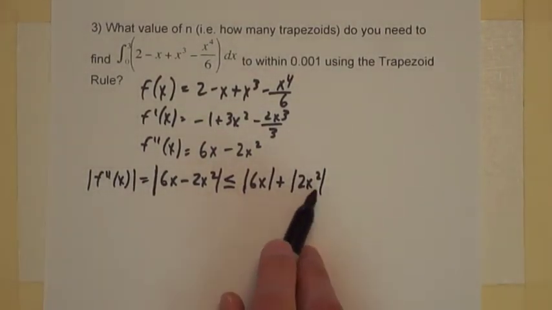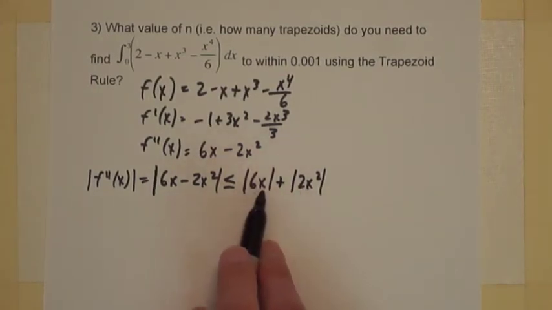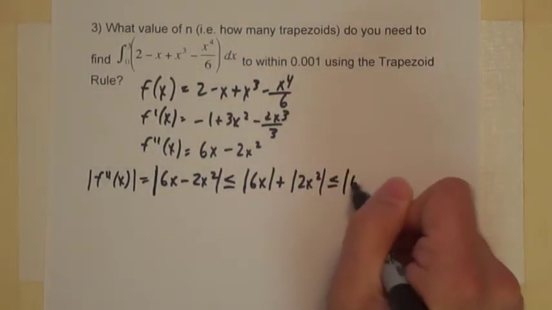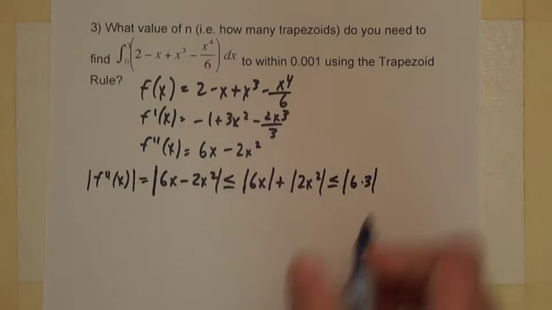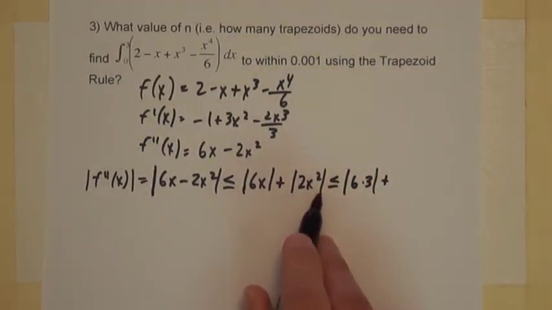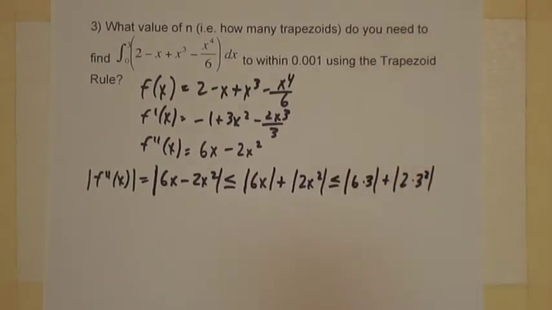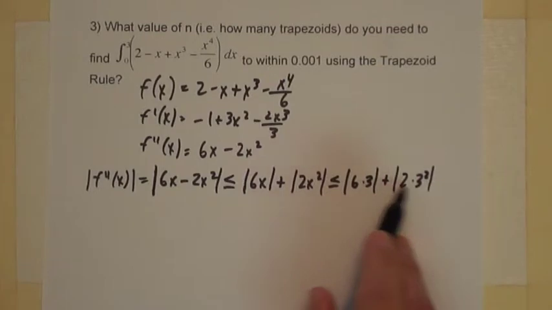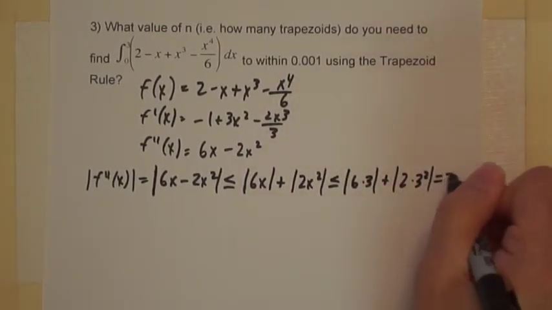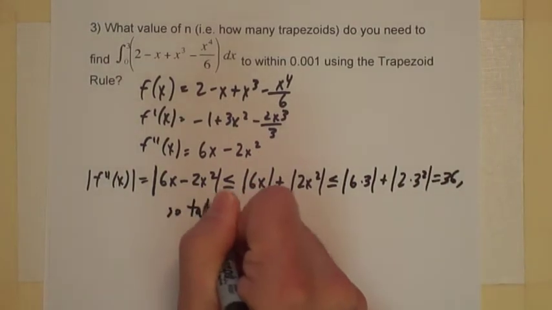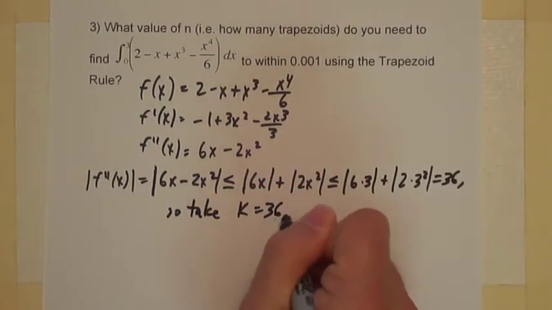What's the biggest that this quantity ever gets from x equals 0 to 3? 6x from x equals 0 to 3, the biggest it ever gets is when x is 3. And similarly, for 2x squared, the biggest that this ever gets is when x is 3. And so that is 18 plus 18, so we get 36. So we can take k to be 36.